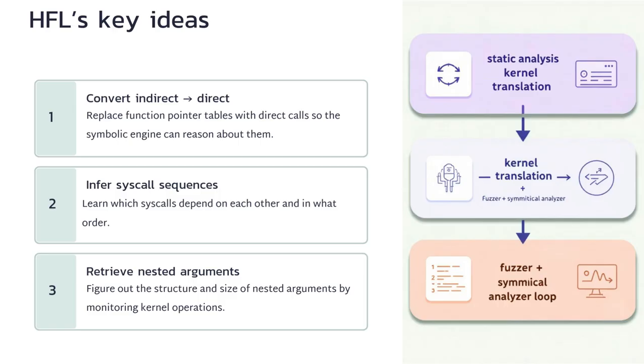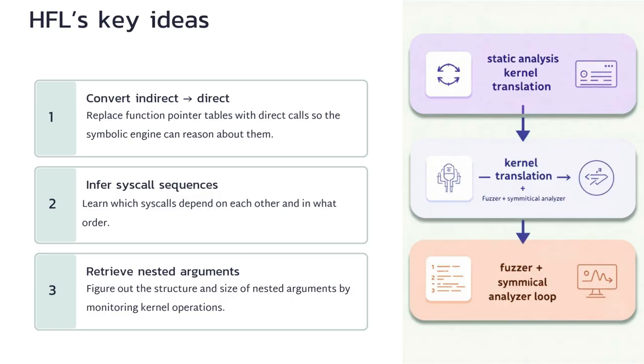If they do, HFL learns that one system call has to precede another. This information is fed back to the fuzzer, and finally there is the nested argument retrieval. So that issue is addressed.